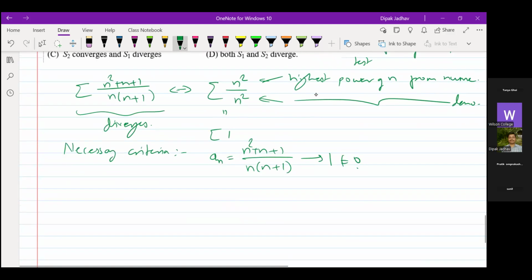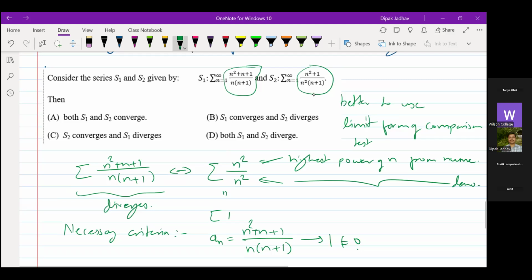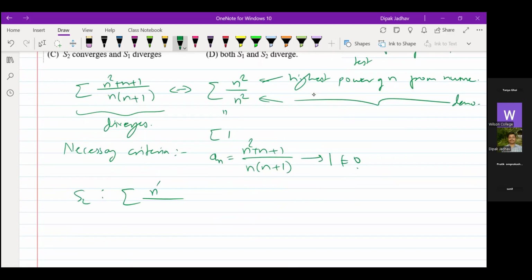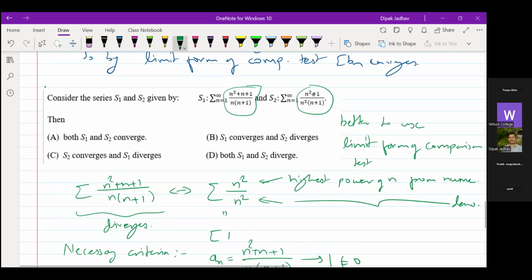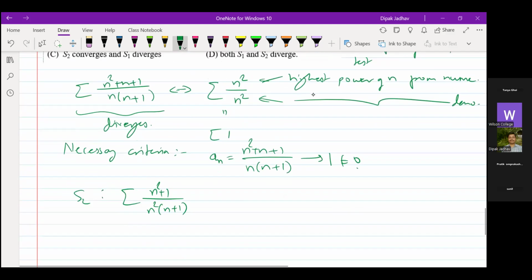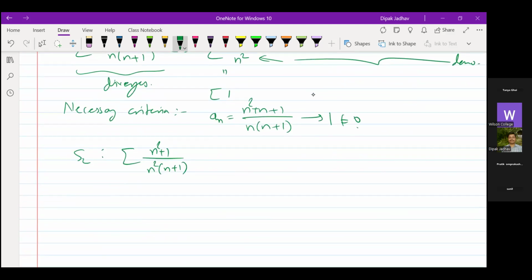Now in the next series given, S2, what is that? Summation n square plus 1 upon n square into n plus 1. Here if you observe, an is n square plus 1 upon n square into n plus 1.